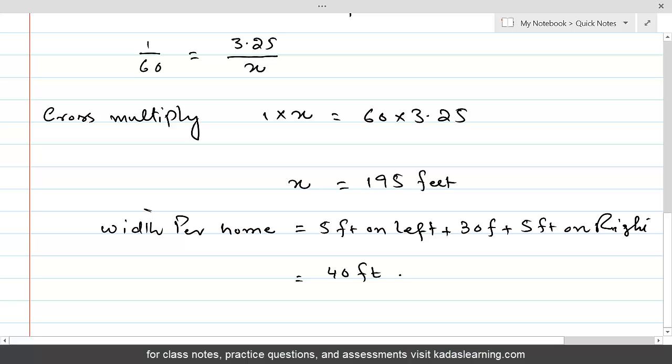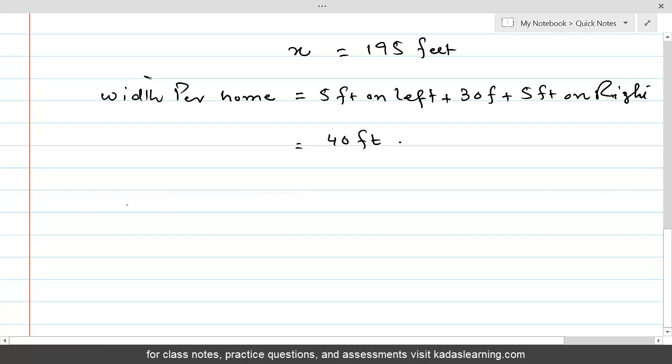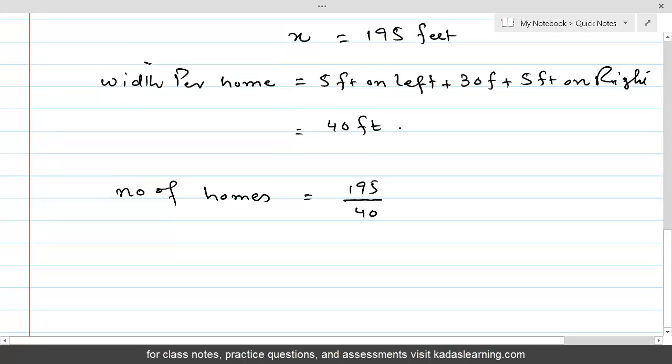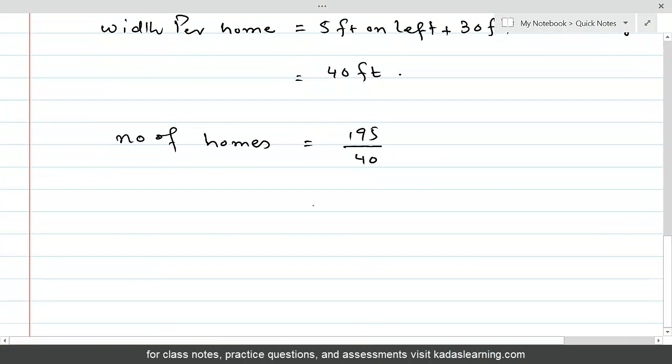And the total width of the plot is 195 feet, and width required including that empty space on both sides of home is 40 feet. Therefore, number of homes will be equal to 195 divided by 40. This is 4.875.